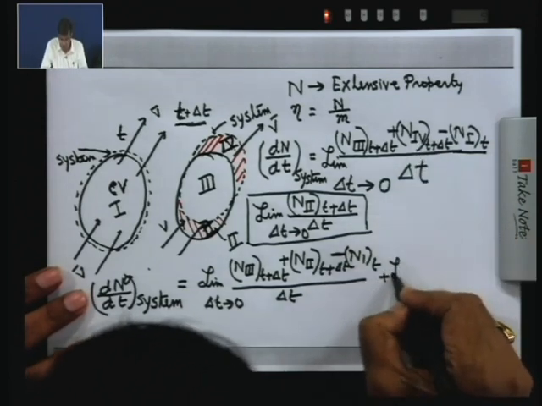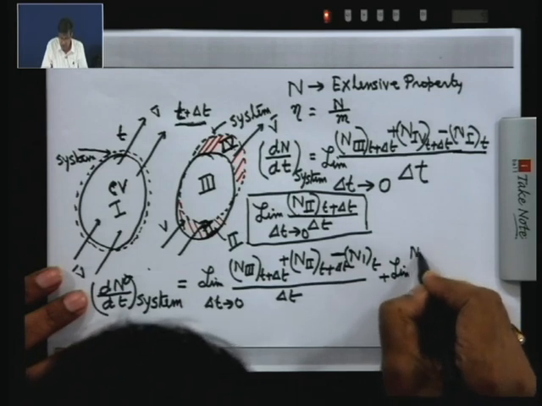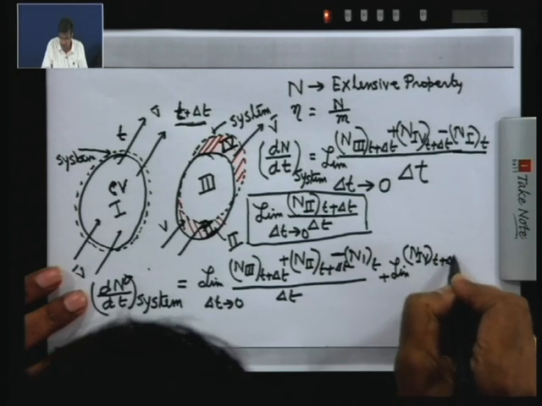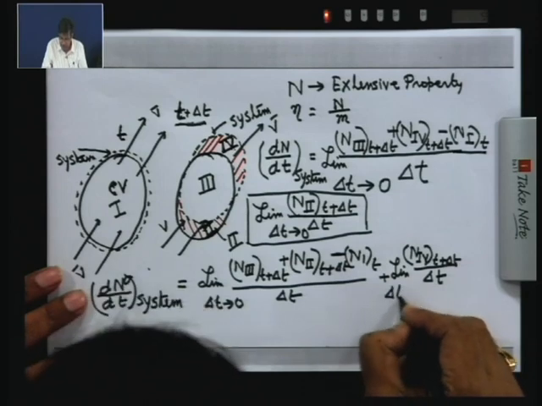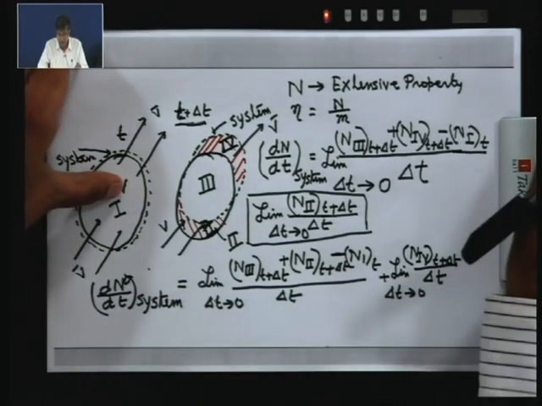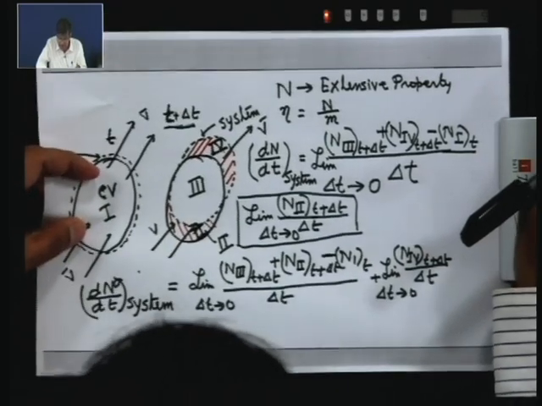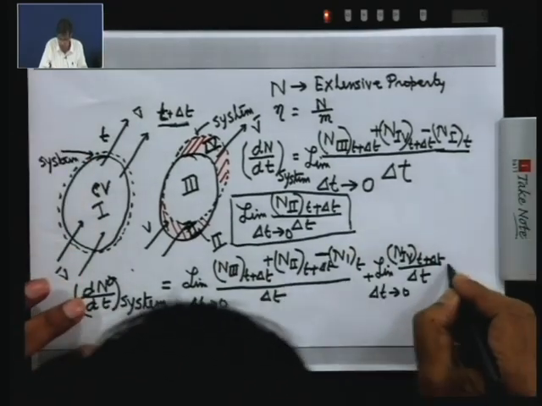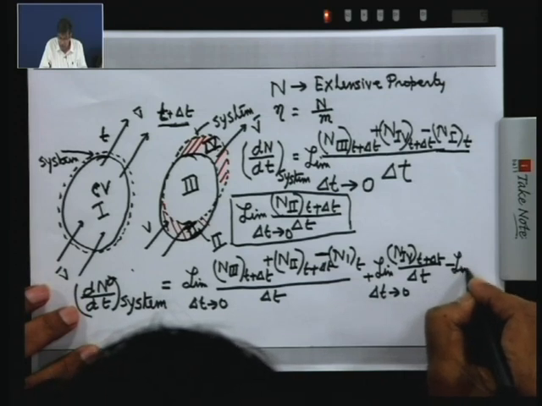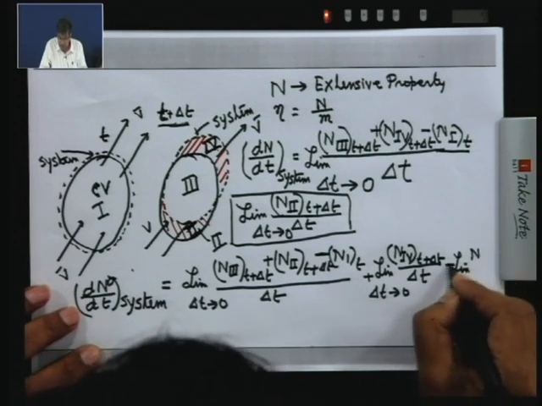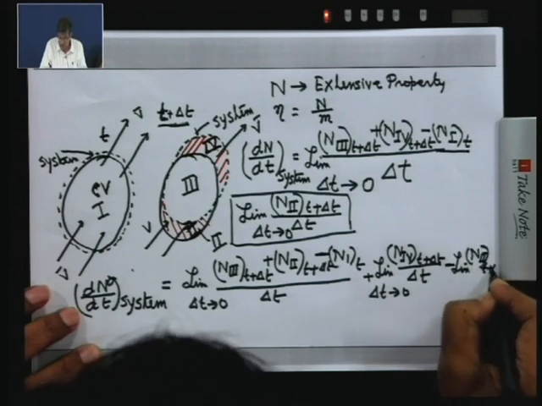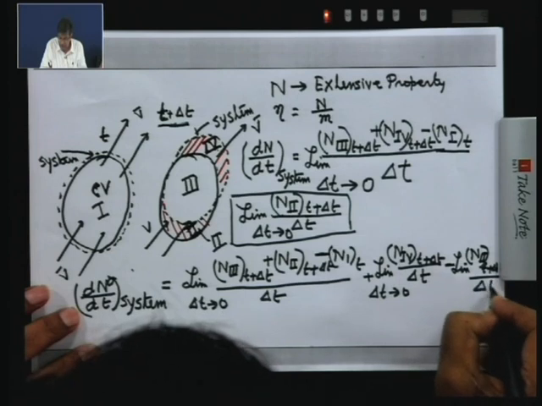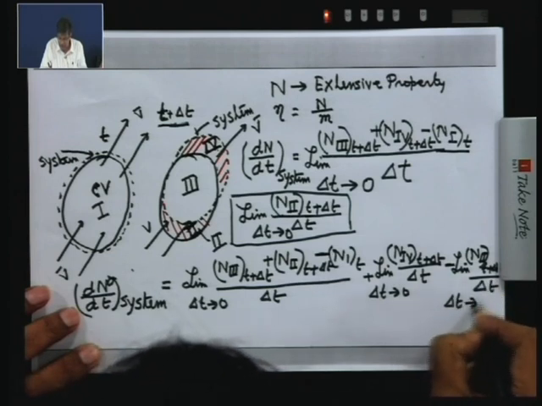So this becomes the limit of N4 at t plus delta t divided by delta t as delta t tends to 0, and I have added this N2, so you have to subtract this N2 at t plus delta t divided by delta t as delta t tends to 0.